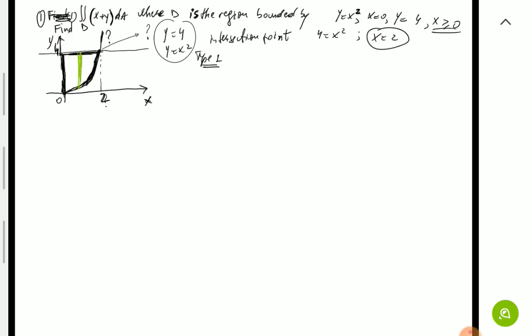A typical one in the middle, not one further to the left or to the right, okay? Not x equals 0 or x equals 2. Those are part of the domain, but you want a typical slice corresponding to a typical x coordinate between 0 and 2.